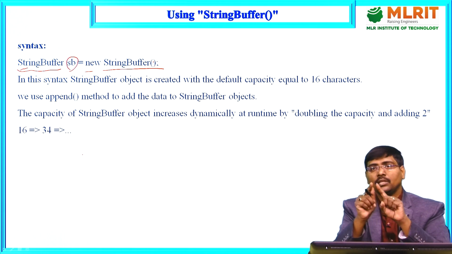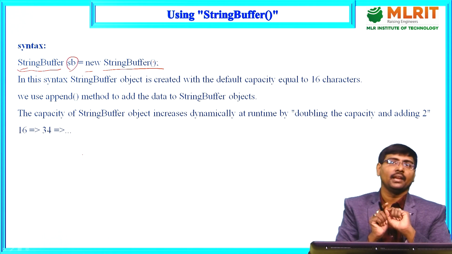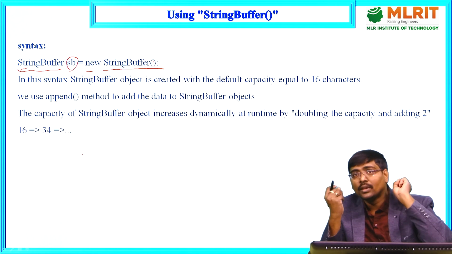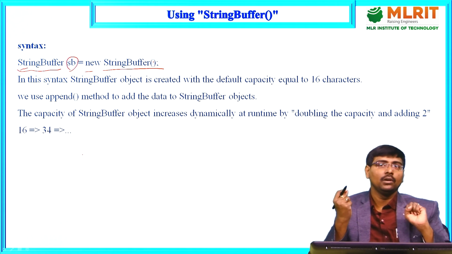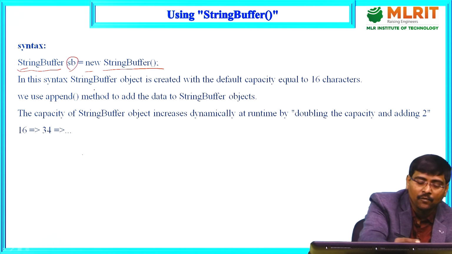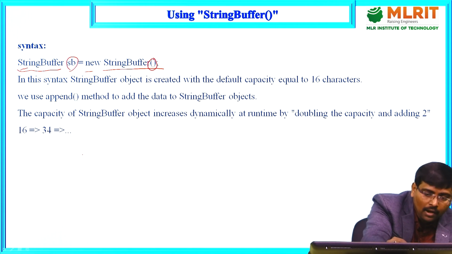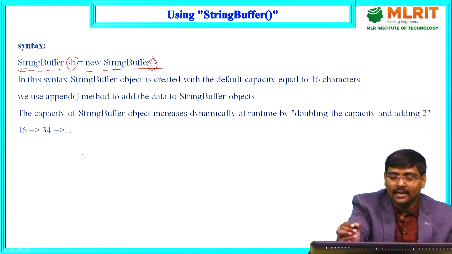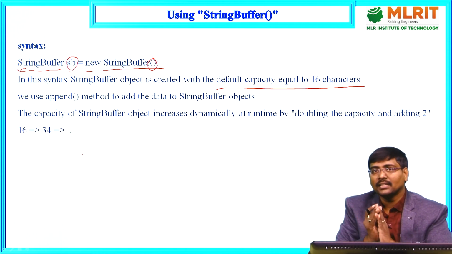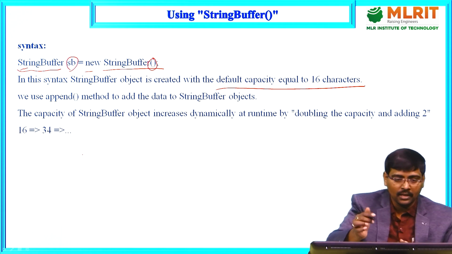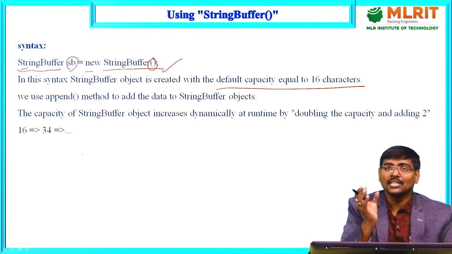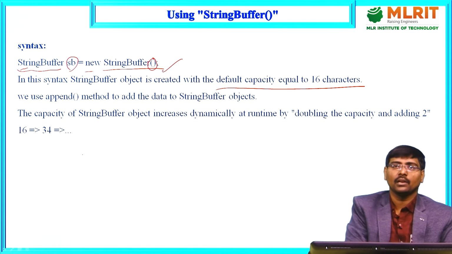And how much memory is allocated for the buffer? Buffer is the place where we are storing the content. By default, if you are not passing anything, a default capacity of 16 characters is allocated. That means initially we can store a string of length 16.